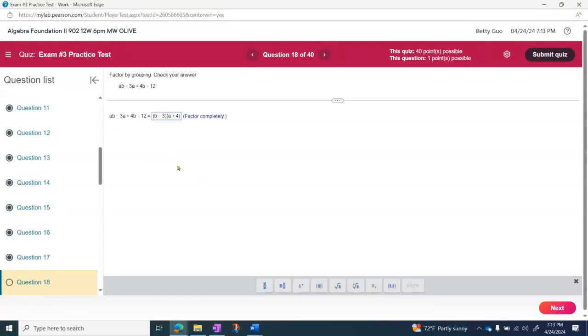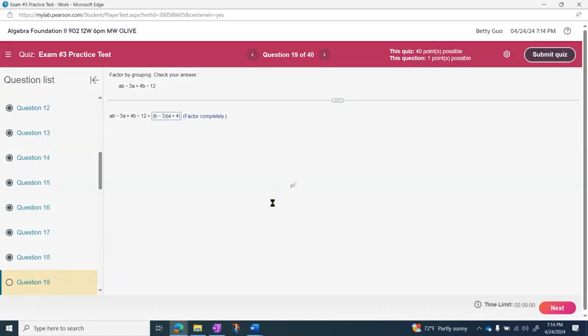Some questions are actually not very straightforward. The difficulty level is a little bit high, but the tools you need to use to solve the problem are the same as what we have learned in the class. And that's the factoring by grouping. Let's move to the next question.